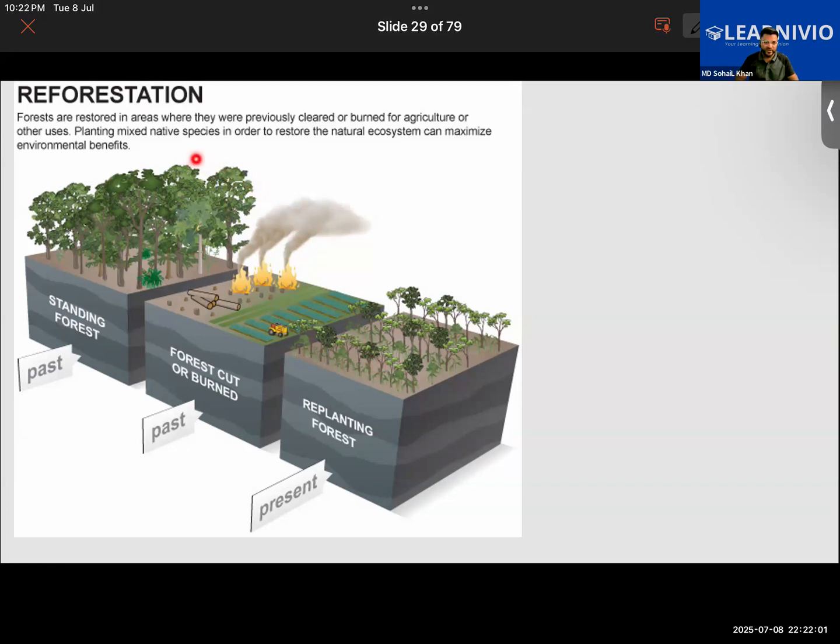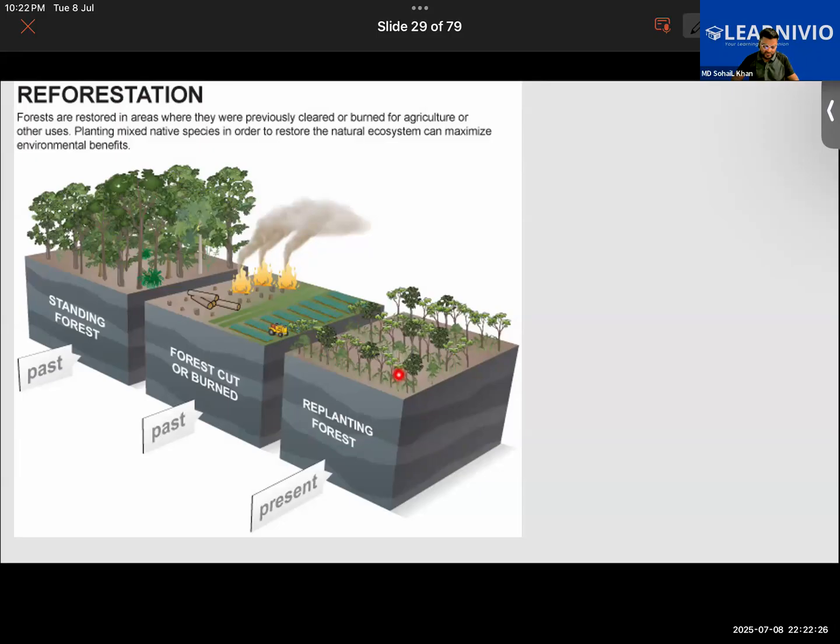So forests are restored in areas where they were previously cleared or burned for agriculture or other purposes. Then plants mixed with native species in order to restore the natural ecosystem can maximize environmental benefits. While doing reforestation, it's not like we will plant only one kind of tree, right?